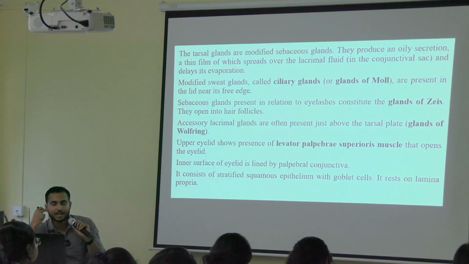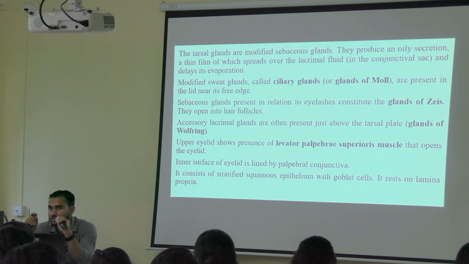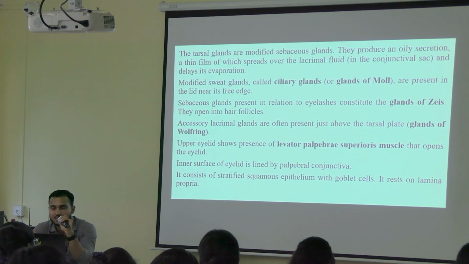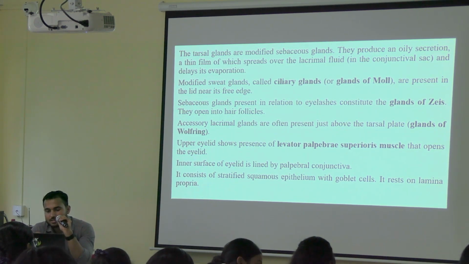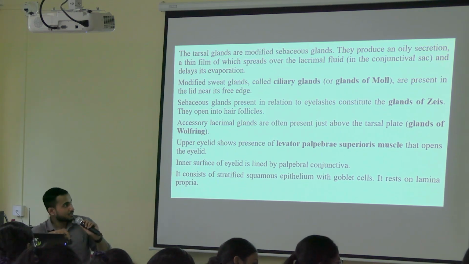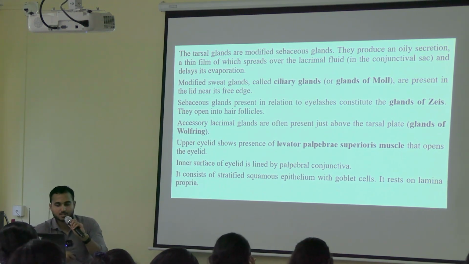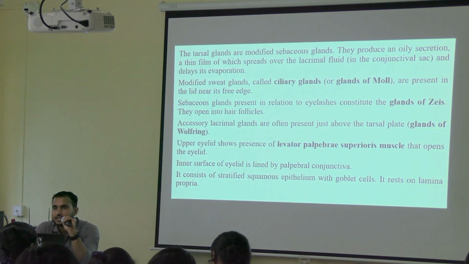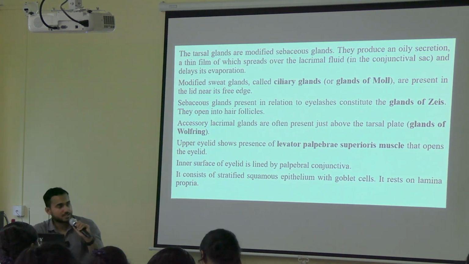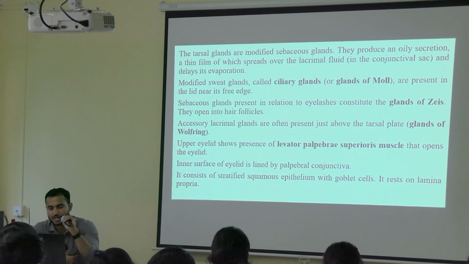So some glands are present in association with the eyelashes. And some accessory lacrimal glands are also present just above the tarsal plate. These are called glands of Wolfring. And in case of the upper eyelid, what is present? The levator palpebrae superioris muscle is present in the upper eyelid.